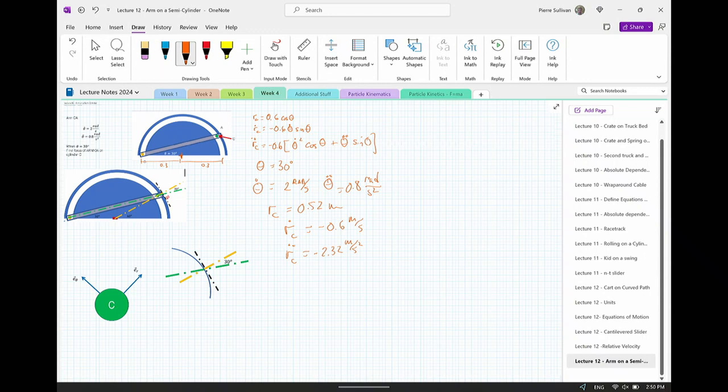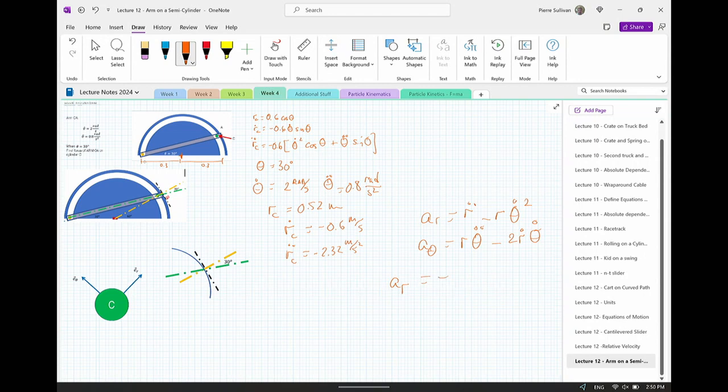I have all I need to describe the acceleration in the radial direction and the acceleration in theta. Acceleration in r is r double dot minus r theta dot squared. Acceleration in theta equals r theta double dot plus twice r dot theta dot.